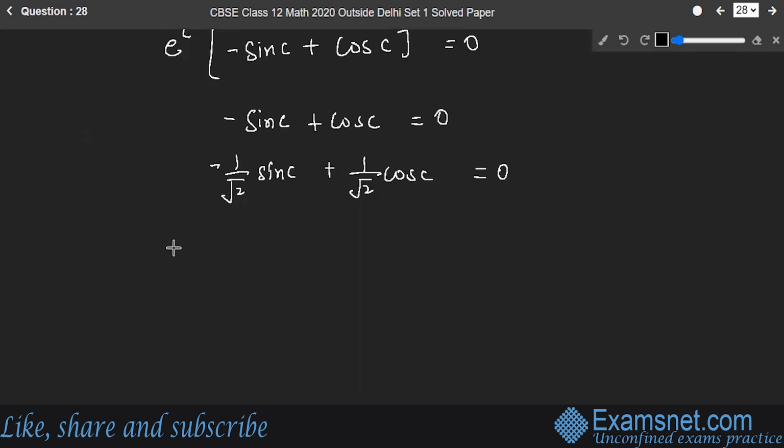Minus 1 by root 2, this can be written as minus of sin pi by 4 sin c plus cos pi by 4 into cos c is equal to 0.